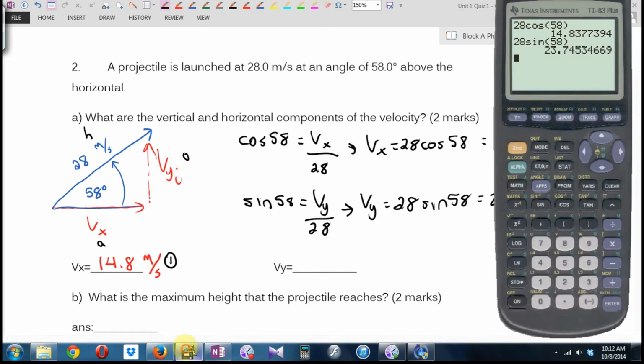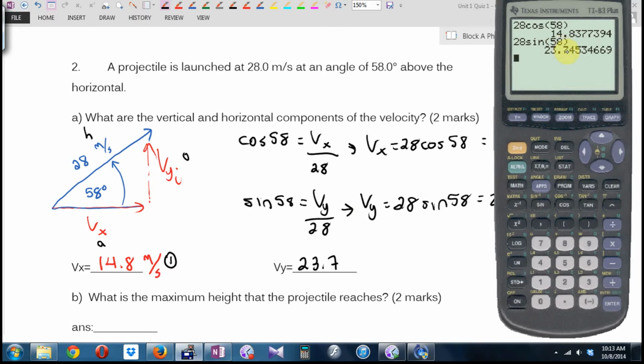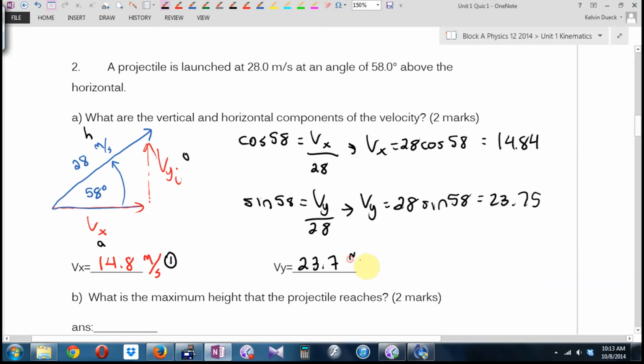Oh, you know what? Let's carry some extra sig figs up here. How about 23.75? But it'll be 23.7, not 23.8, because here's the original value, and I wouldn't round up the 7 meters per second. 1 mark.